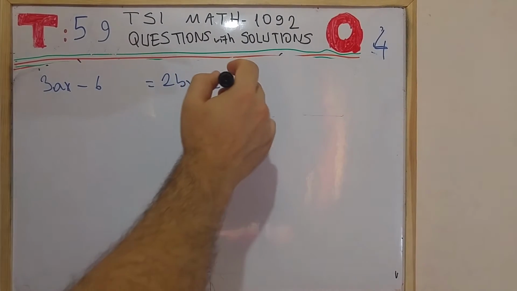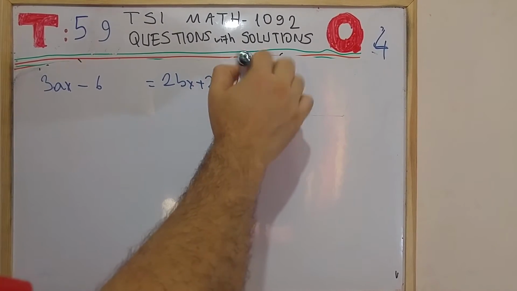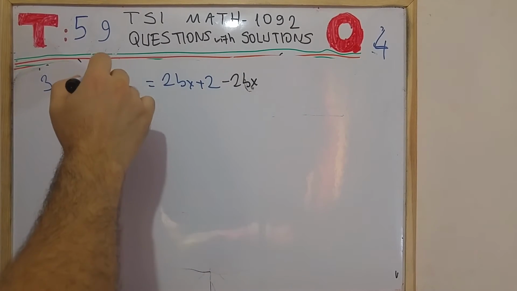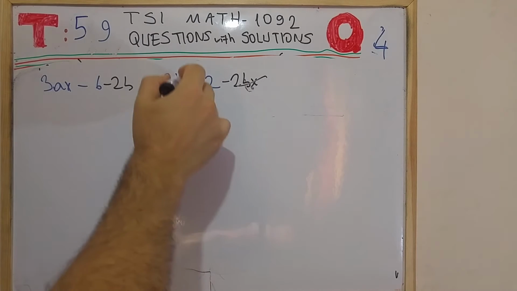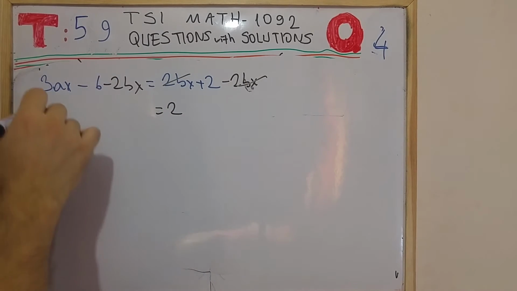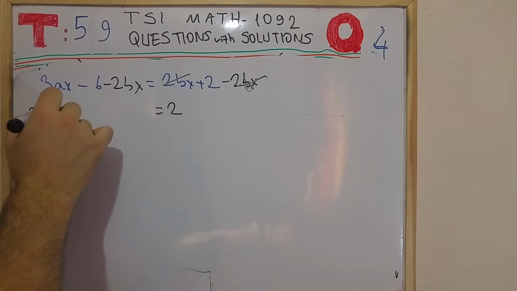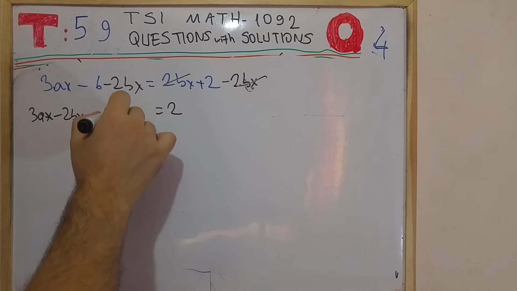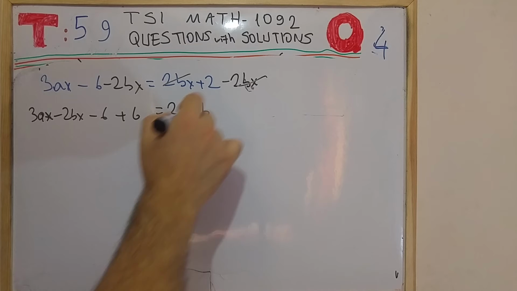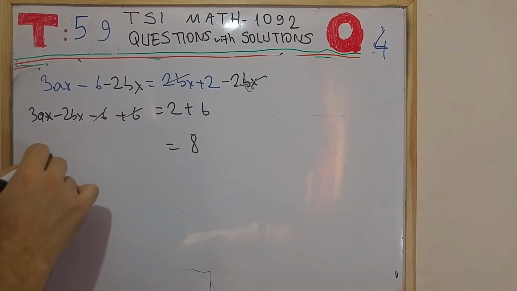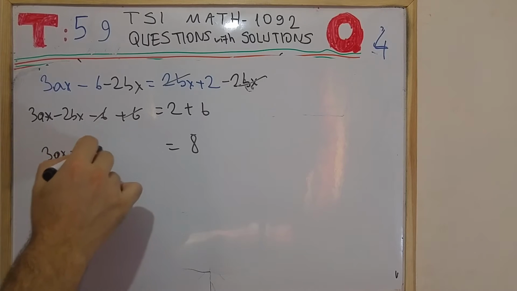Subtract 2bx from each side, so that there's only 2 left here, which is equal to 3ax minus 2bx minus 6. Let's add 6 to each side now. What I have here is 8, and what I have here is 3ax minus 2bx.